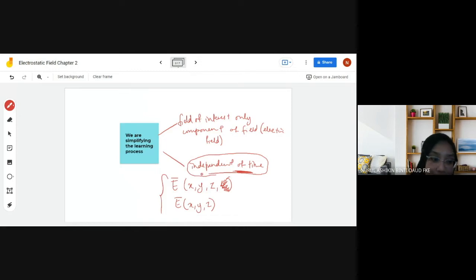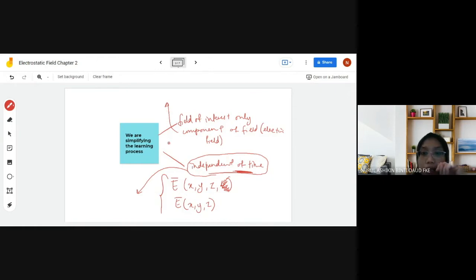However, at the end of the course, the difference will be that there will be two fields that appear, which are the electric field and the magnetic field. Since this is the beginning, we are only considering the electric field component.